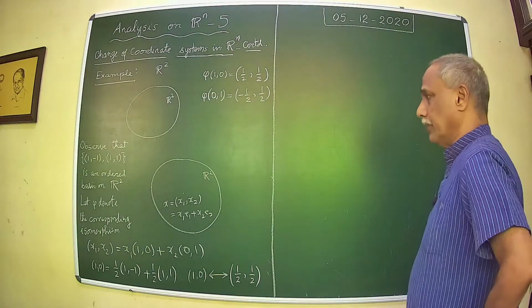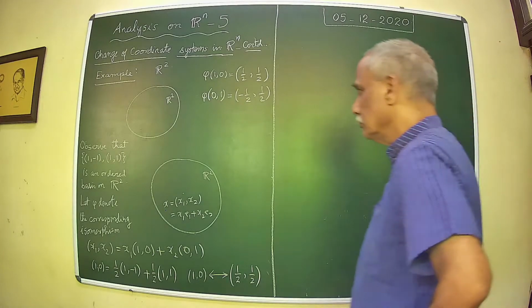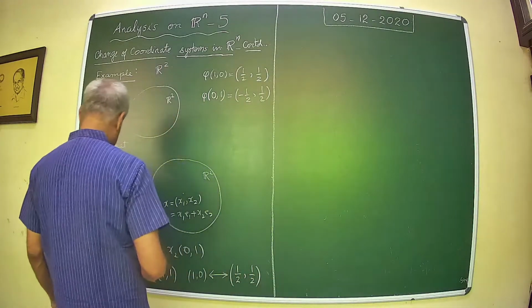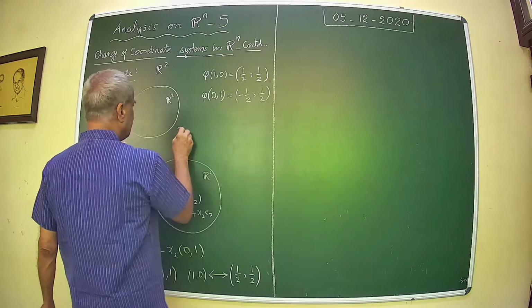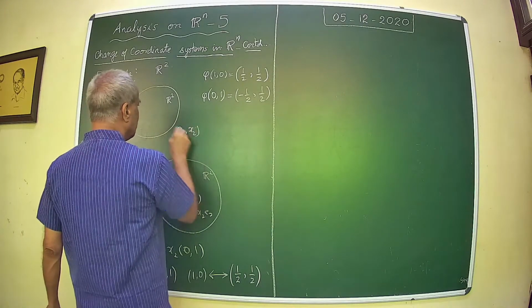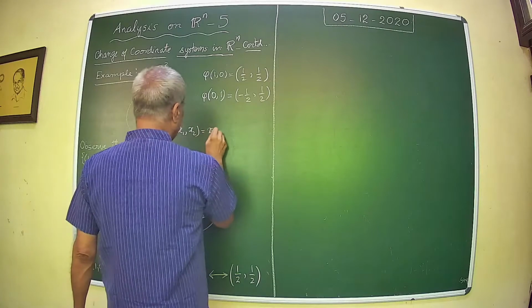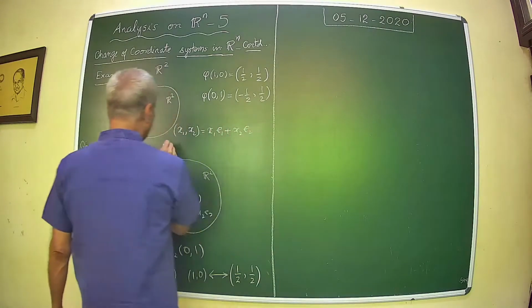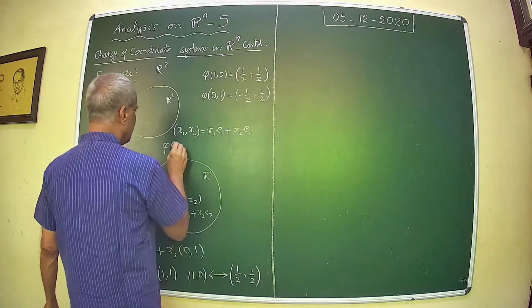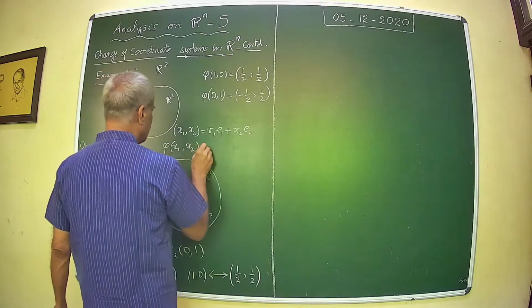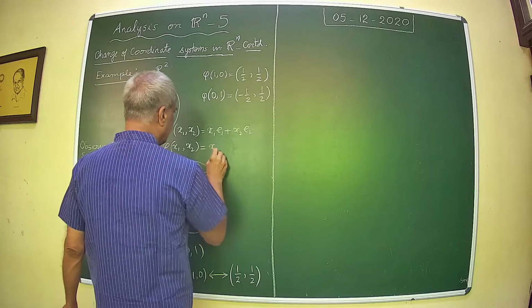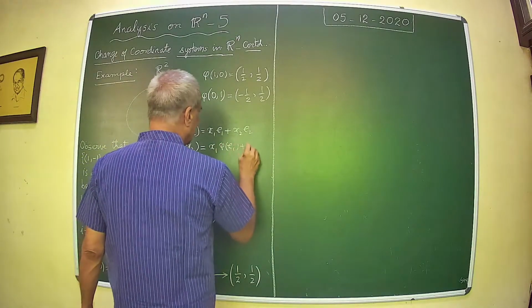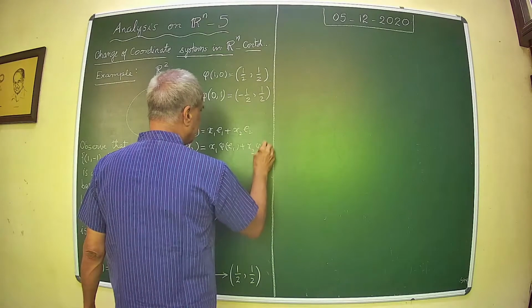Therefore, what do you get? Now write x1, x2 as x1 e1 plus x2 e2. Therefore phi of (x1, x2) is equal to x1 into phi of e1 plus x2 into phi of e2.